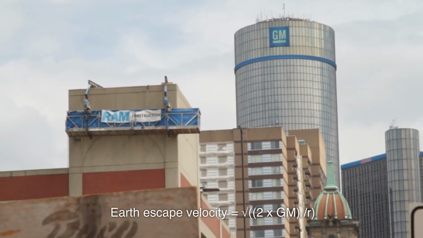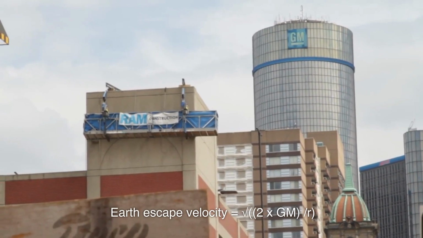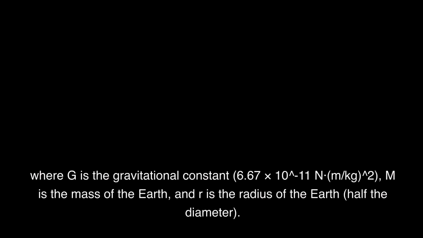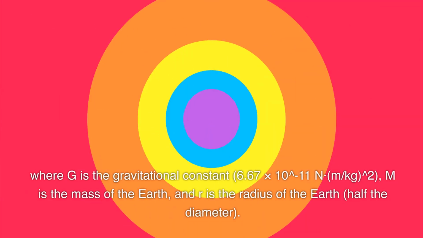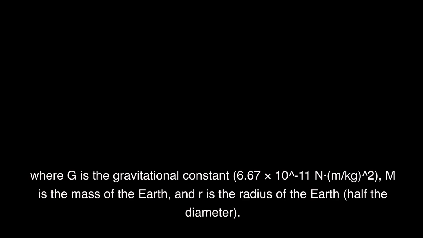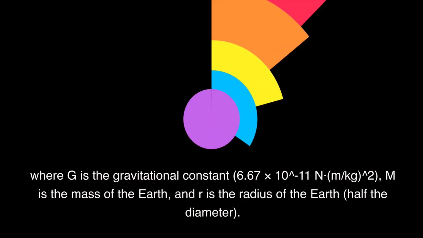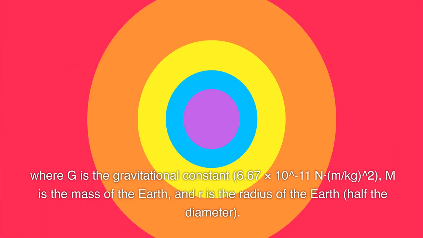Earth escape velocity equals the square root of 2GM over r, where G is the gravitational constant, 6.67 times 10 to the minus 11 newton meter squared per kilogram squared, M is the mass of the Earth, and r is the radius of the Earth, half the diameter.